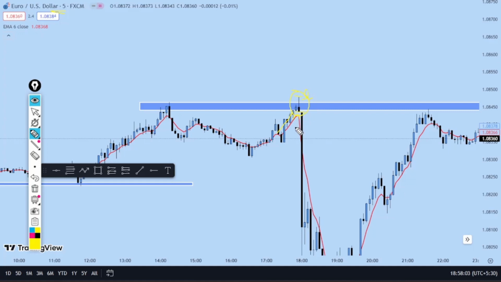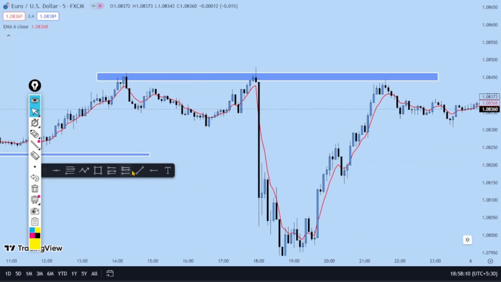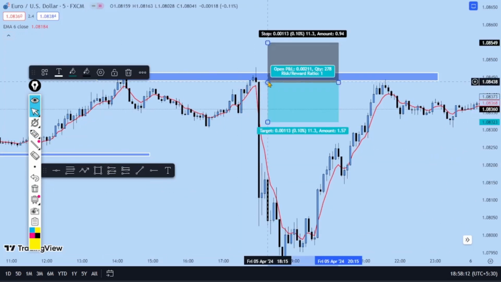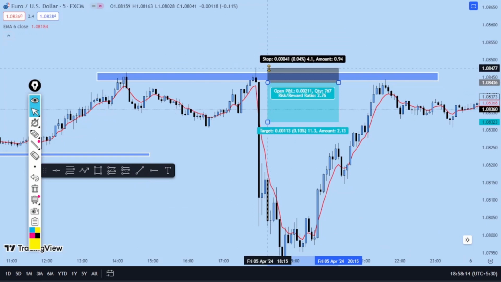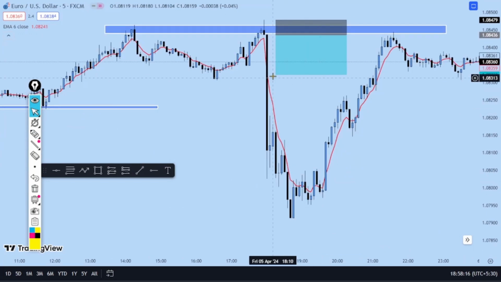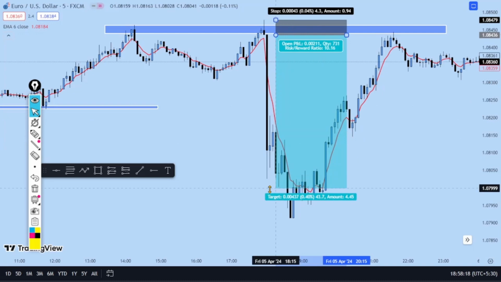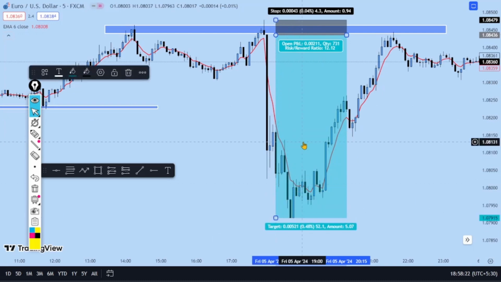Now let's see what the risk to reward ratio of this strategy is. Let me move to the short position, and here is our entry and here is our SL. You can see over here that we can easily get 1:12 in this strategy, but I know that you can't capture the whole move, so there is a condition for profit booking in the strategy.